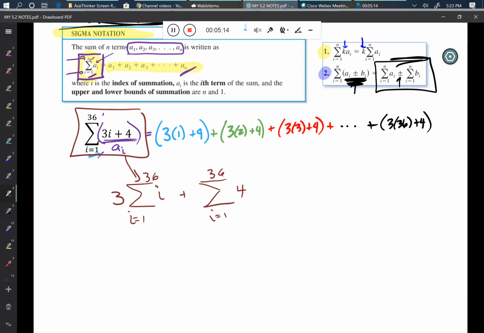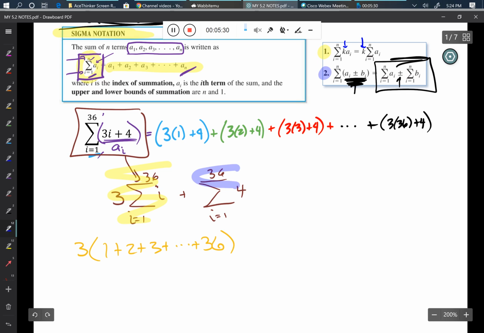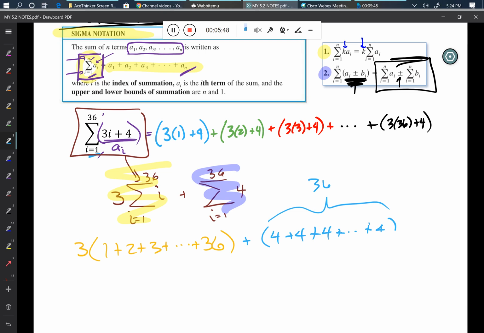Well, if we think about what this now means, this first summation right here means 3 times 1 plus 2 plus 3 plus ... plus 36. The second summation here means plus 4 plus 4 plus 4 plus ... plus 4. And there's going to be 36 of those guys. So we can quickly add this up now because we know some tricks to do this.